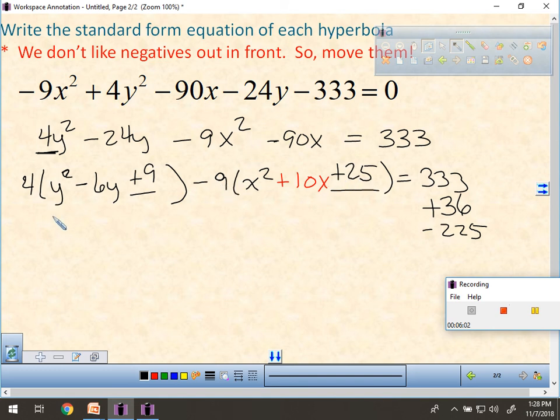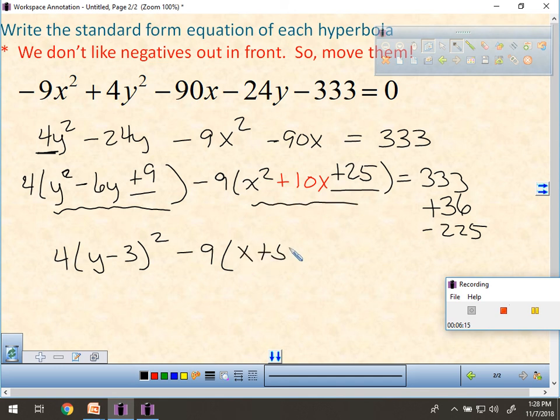Well, that's it. Now you just rewrite it. So this is going to be 4 times (y minus 3) squared minus 9 times (x plus 5) squared equals whatever 333 plus 36 minus 225 is, that gives me 144. And then we're almost done. What's the last thing you got to do to this problem?